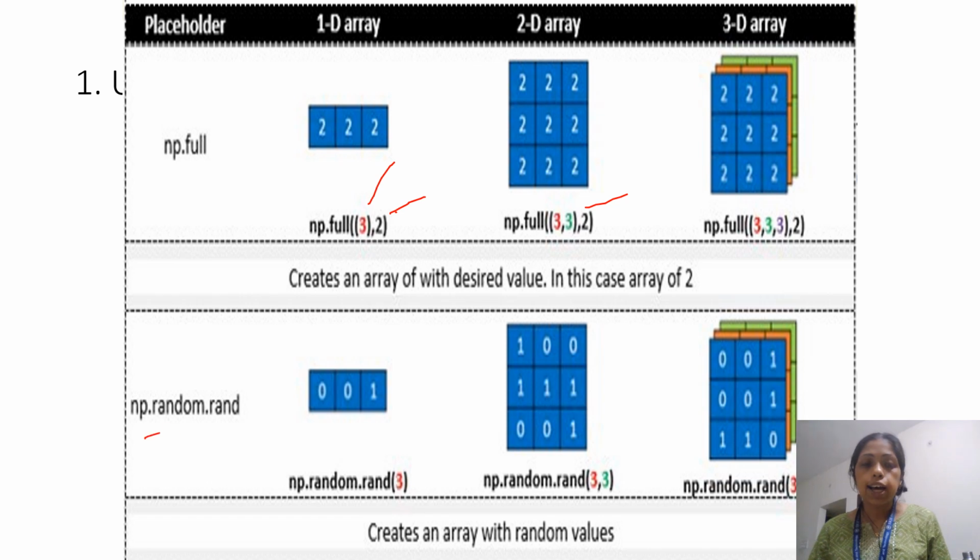Next is the rand function. If you call rand from the random module, what does it mean? Randomly it will provide values in the matrix.